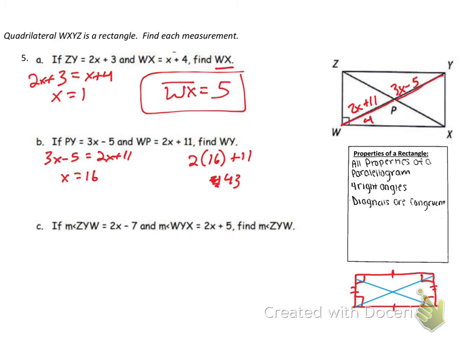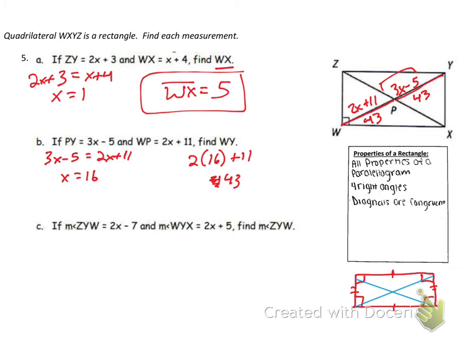So this length right here would be 43. If I plug that into this one, 3 times 16 is 48. And if I minus 5, I get 43.